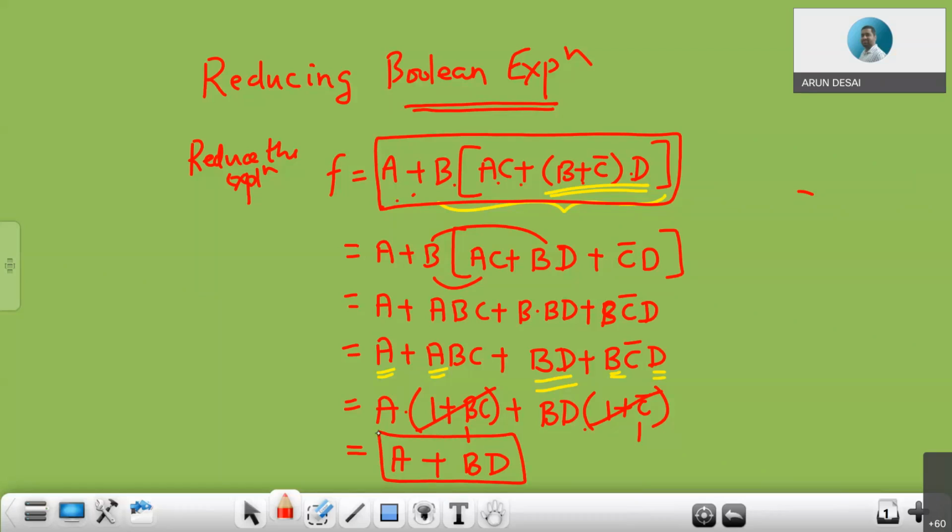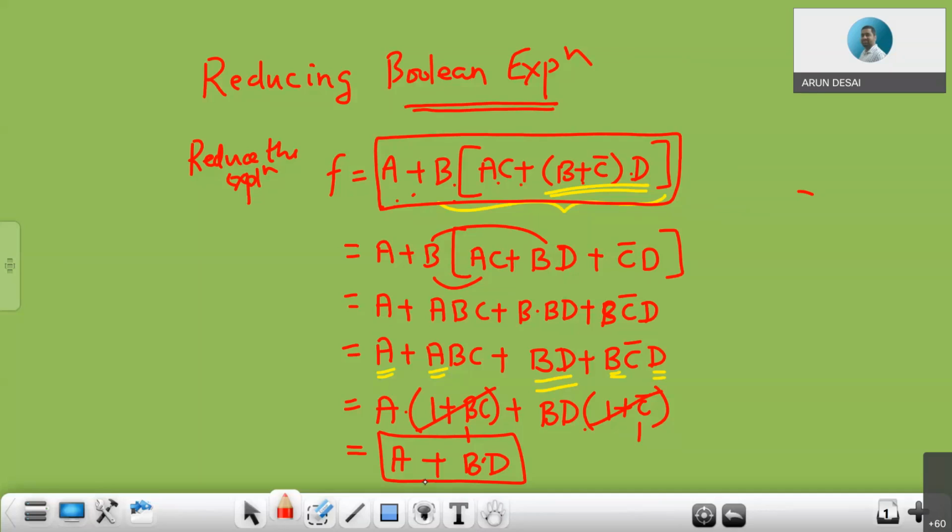And here how many gates are required? One AND gate and one OR gate. So this is how we reduce the hardware. The result of this equals the result of this, and for that reason we use the reduction method. We are reducing the Boolean expression. This is how it works for Boolean expressions.